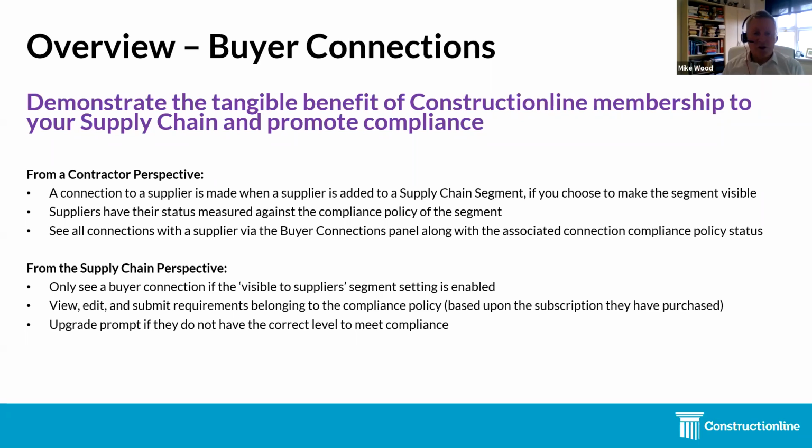For example, if they're working on a project that does require gold, but previously they've always been on Constructionline as silver, they'll be prompted that they do need to upgrade in order to be compliant with that policy for the project you're working on. So I think it gives another dimension to the way that contractors can interact through the Constructionline platform with their supply chain. Over to you, Martin.